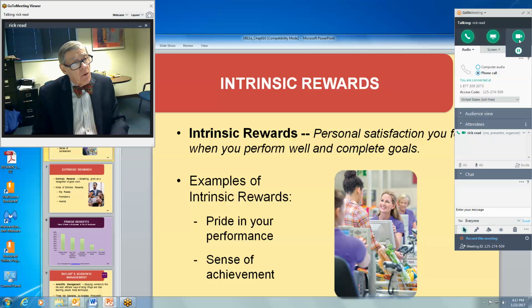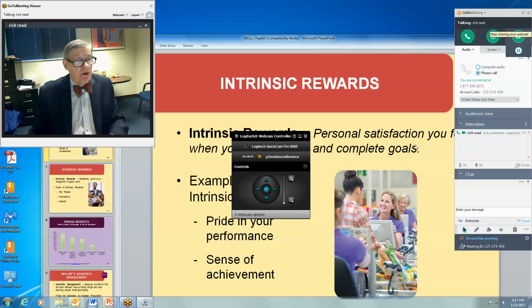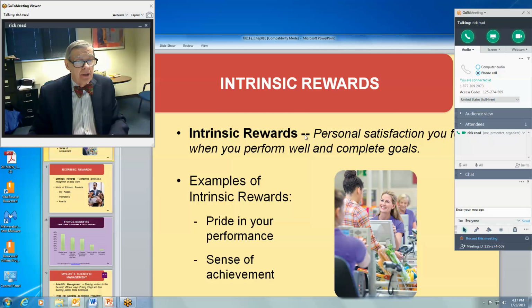This is a reward that an individual employee gets from realizing that he or she has completed a task well and to the best of his or her ability. Notice what it says here at the bottom. It's the sense of achievement. I know I've done this. I can see that this is done well and it's going to turn out well.